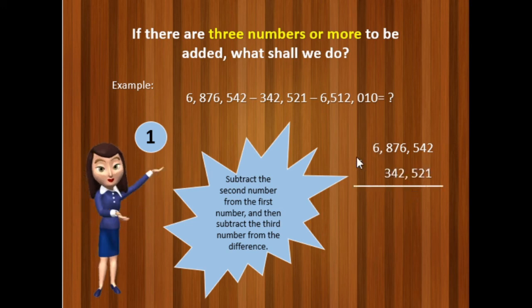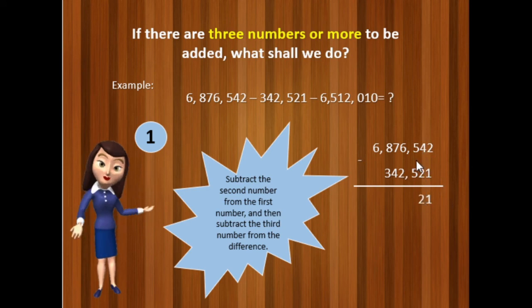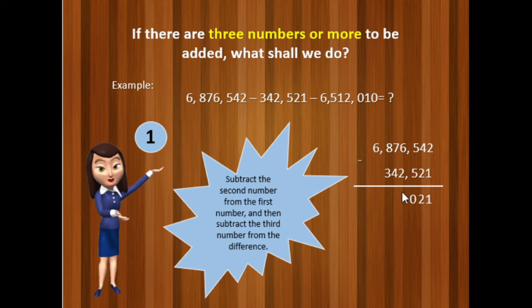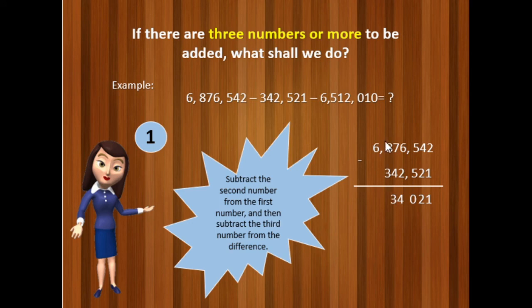So we have 2 minus 1 equals 1, 4 minus 2 equals 2, 5 minus 5 equals 0, 6 minus 2 equals 4, 7 minus 4 equals 3, 8 minus 3 equals 5, 6 minus 0 equals 6.